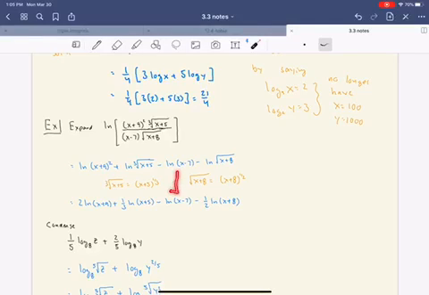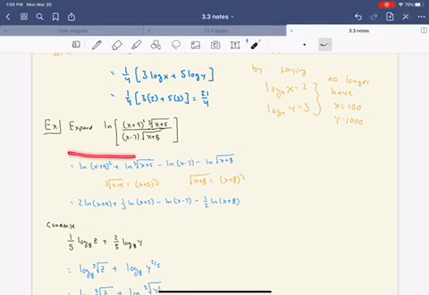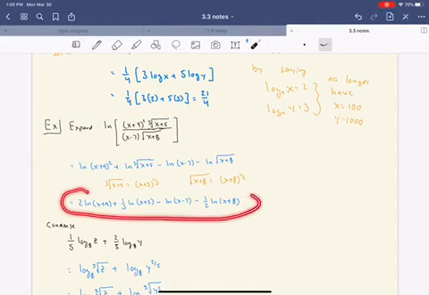Here, there's no power to speak of, so we just leave it. Here, the 1/2 goes in front. So this is the expanded form of this expression. This is often useful for calculations, particularly if you're going to be taking calculus next semester or next year.